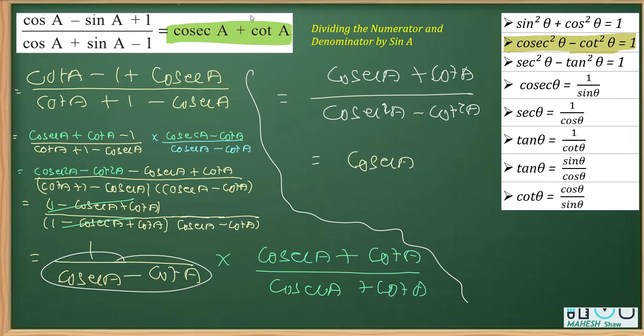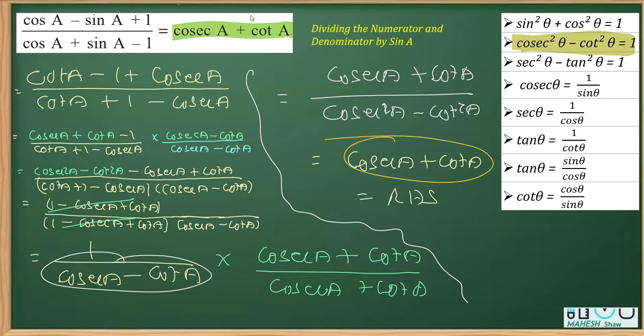Let the numerator be copied first, cosec A plus cot A. This is cosec square A minus cot square A, as we have used it in the same sum. Cosec square minus cot square is 1, and any number divided by 1 is the number itself. So this is the RHS. As you can see, RHS is now this only. So that's how we prove this question.